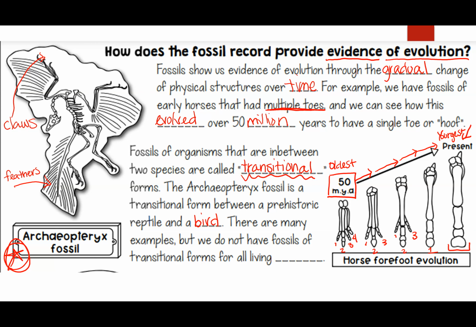There are many examples, but we don't have fossils of transitional forms for all living species. Okay, so that's something to note. A lot of times nowadays you will hear of people saying that dinosaurs were birds.